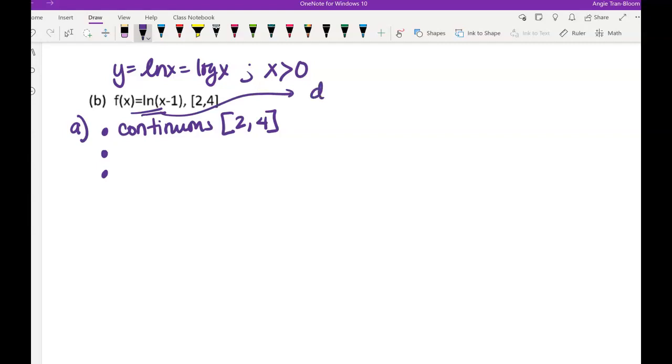So the domain of this is going to be from 1 to infinity. So we have from 2 to 4, so it's definitely continuous in that. Is it going to be a closed interval? Based on the restriction that they gave us, bracket 2 to 4, that would definitely meet the criteria.